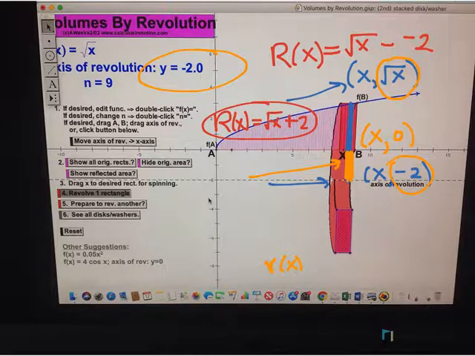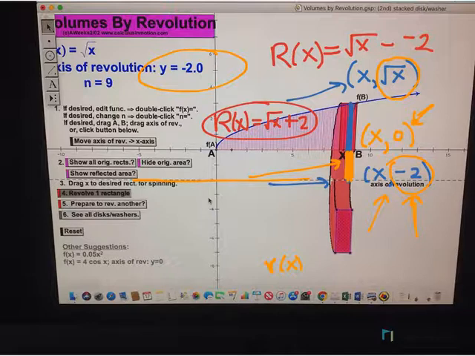So I already have the coordinates of the bottom endpoint from earlier, x, negative 2, and the coordinates of the top endpoint will be x, 0. Why is it negative 2 for y for the bottom endpoint? Because it's on the horizontal line y is equal to negative 2. Why is it 0 for y for the top endpoint? Because it's on the horizontal line y is equal to 0.